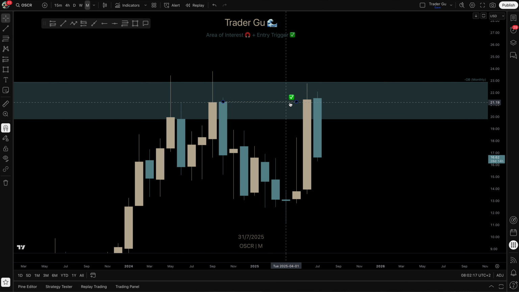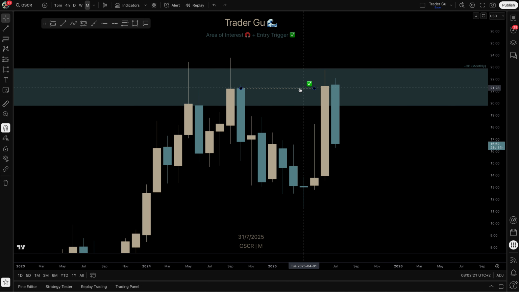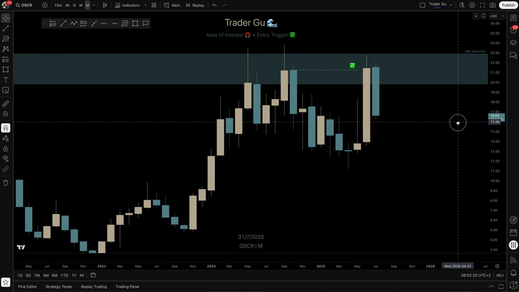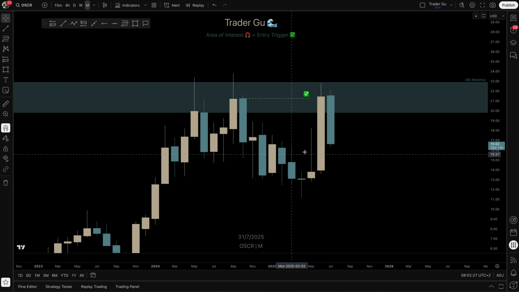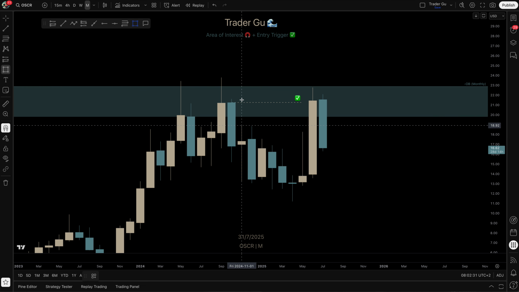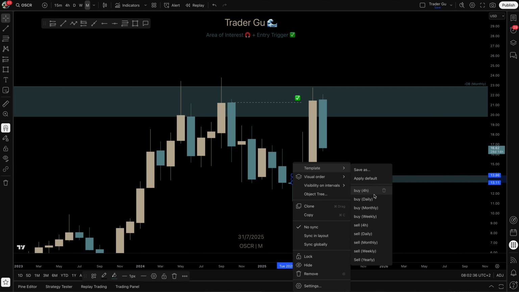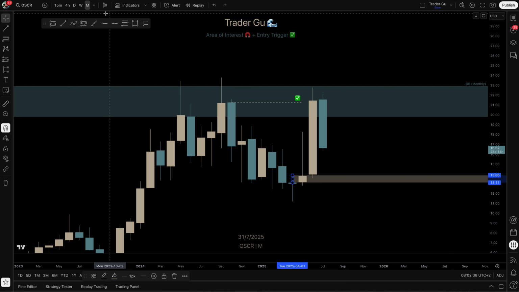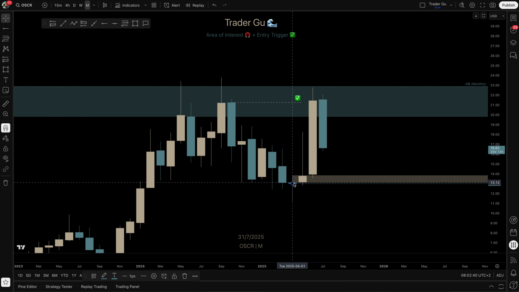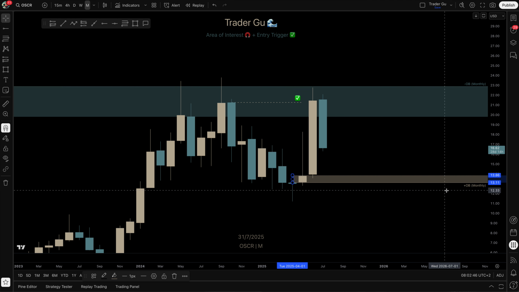So we closed above this level here, 21.25, and now we have in the retracement. So on a higher time frame, this is most likely moving higher. And what I would be looking for here is that we have a monthly bullish order block at this level here, which is $13 to $14.